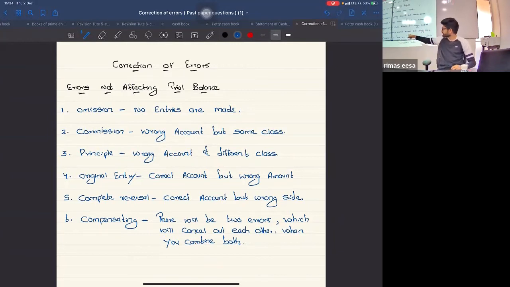Finally, compensating. How many errors should be there? Two errors. When you combine the two errors, they cancel out each other. Clear? So these are the definitions you need to know for the errors not affecting your trial balance. I have given you these short points to remember, and I have also explained what these errors are, so while correcting, you should be able to figure out the names of the errors.